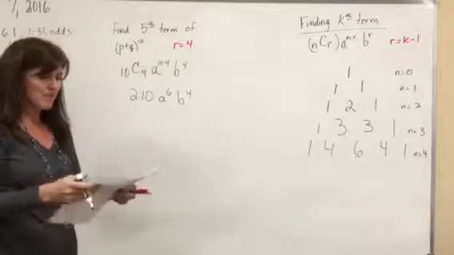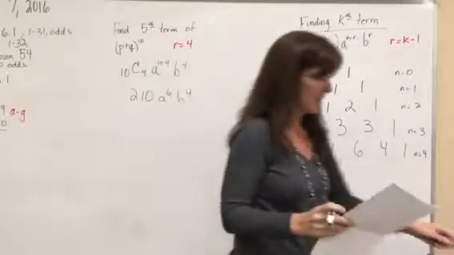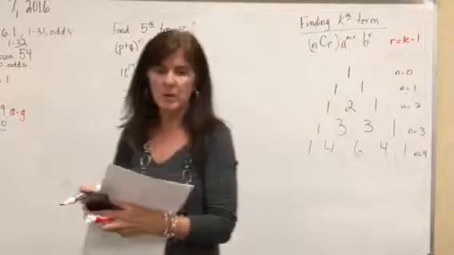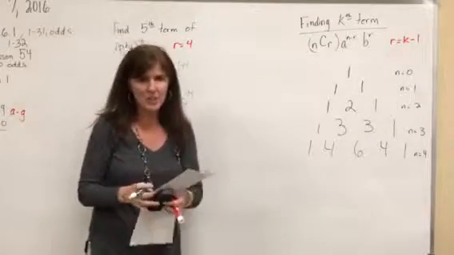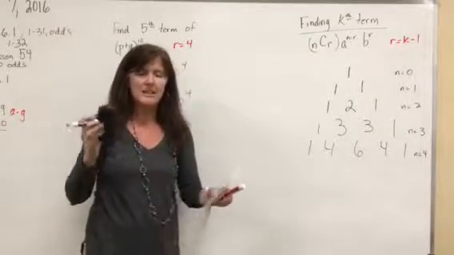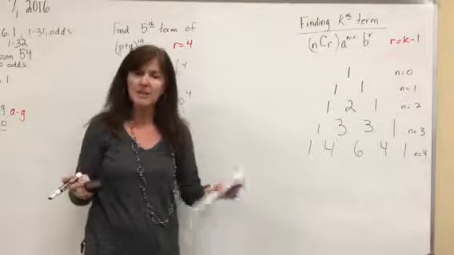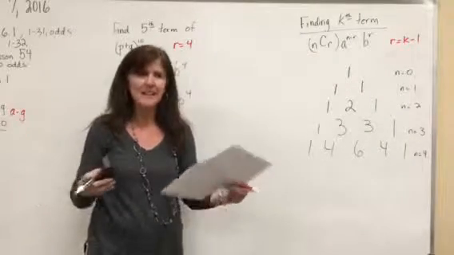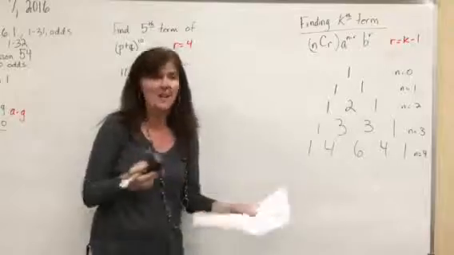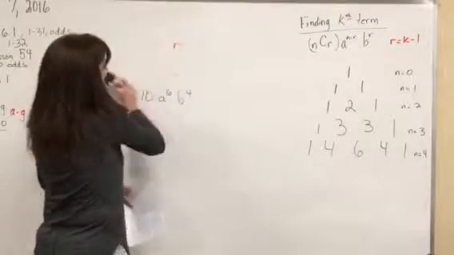The last part of this is doing a binomial experiment. And binomial, again, means two. A binomial experiment is where there are only two possible outcomes, either odd or even, heads or tails, those types of things.